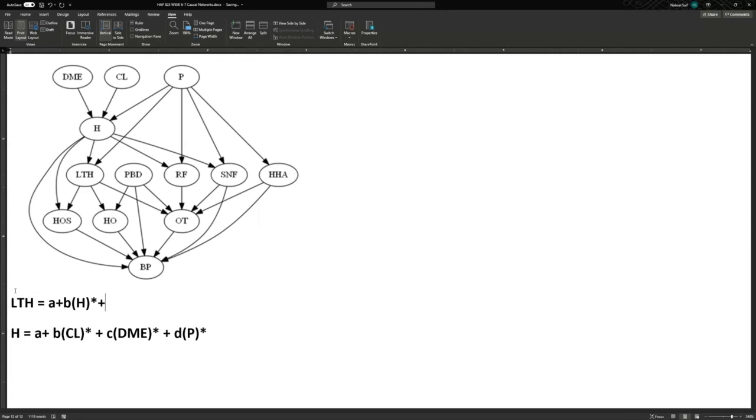I would say LTH is that plus P. So CP. Yes. Plus what else? This one's a good question because now we have arrows leading away from it. Those things don't count.